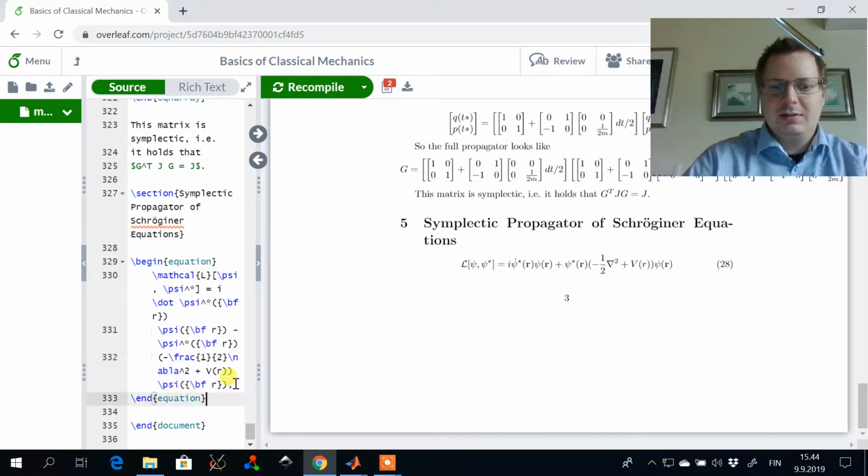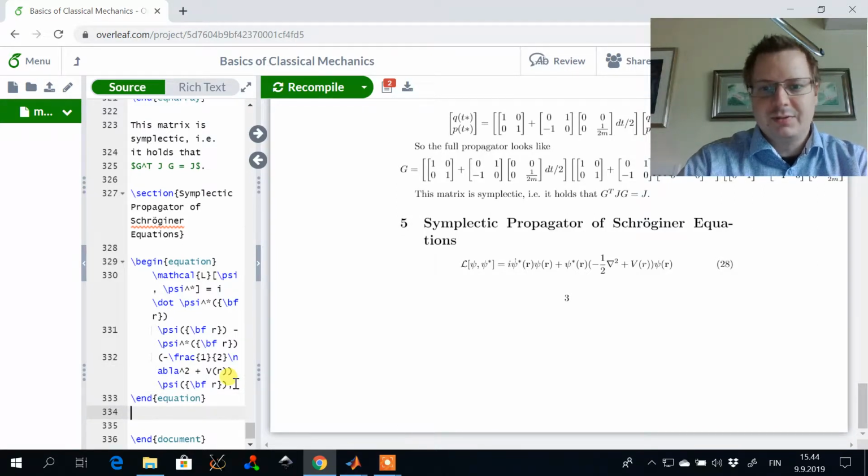And now the Euler-Lagrange equation for this yields.